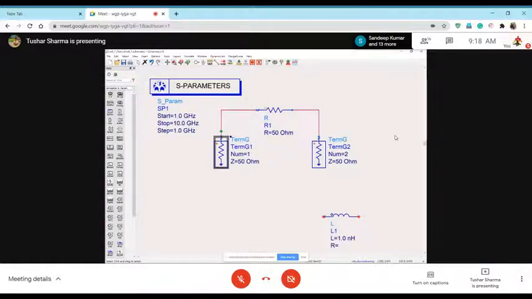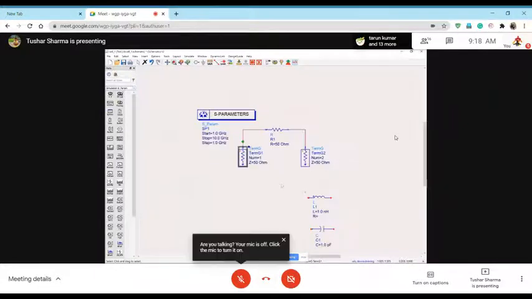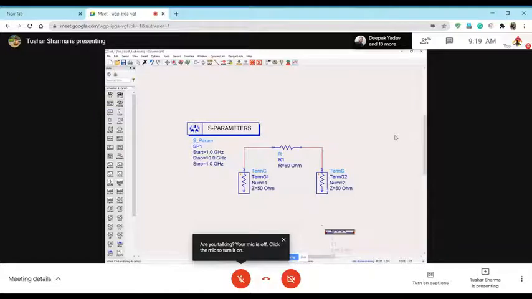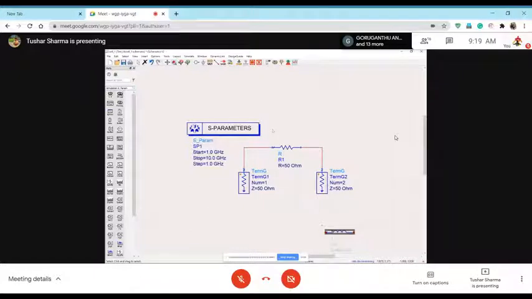It will measure the reflection coming back, the signal going in this direction, and the reflection at this port. So for a given 2-port network, you can define S11, S21, S12, and S22. So there will be 4 different things.